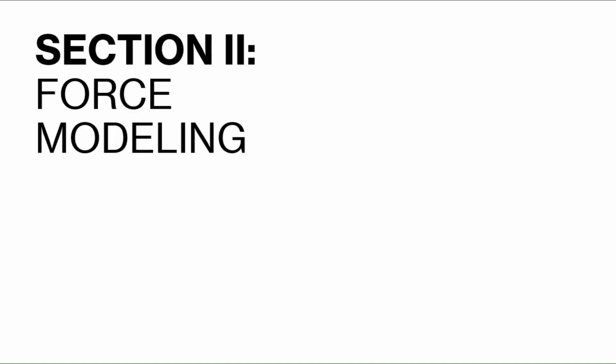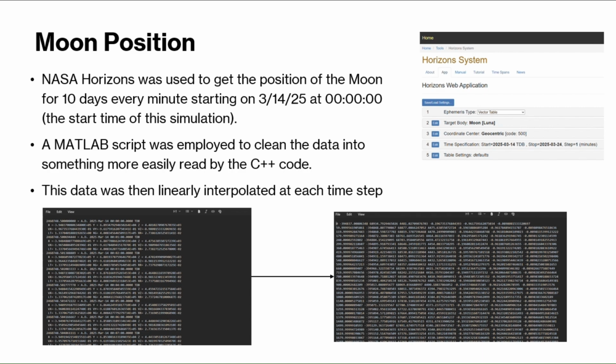Next was force modeling. The moon position could have been numerically integrated using the sun and the Earth's gravity, but I figured that it would be a lot more accurate if I use NASA Horizons, which is a database that NASA provides that documents the position of the moon over time.